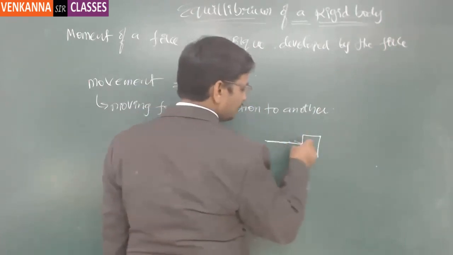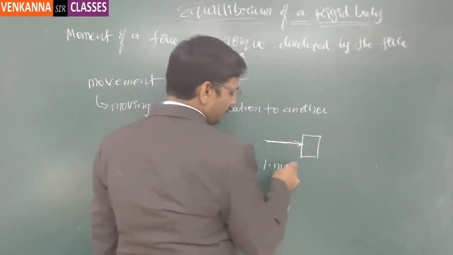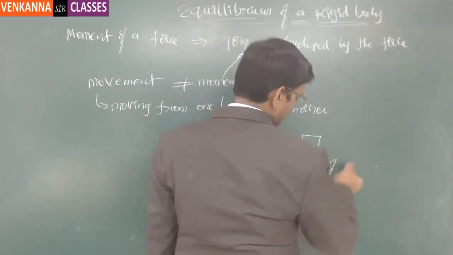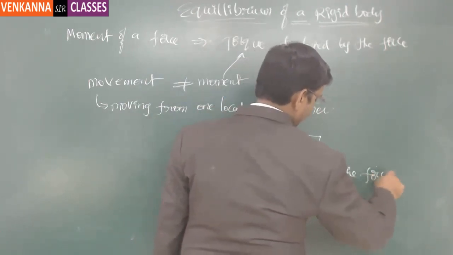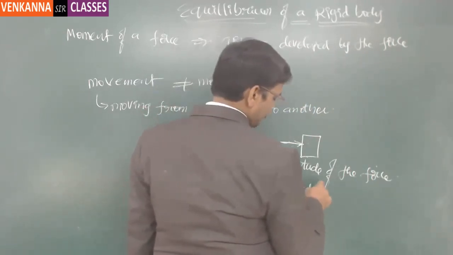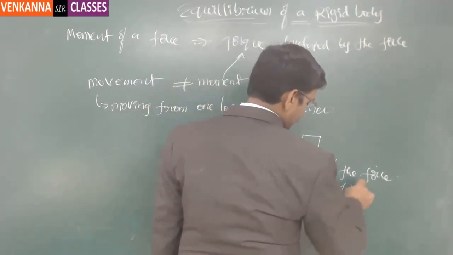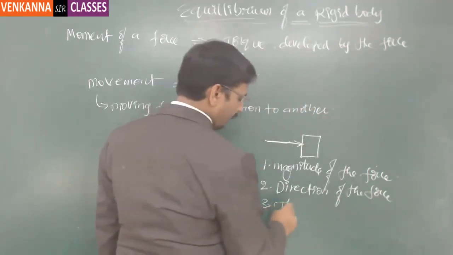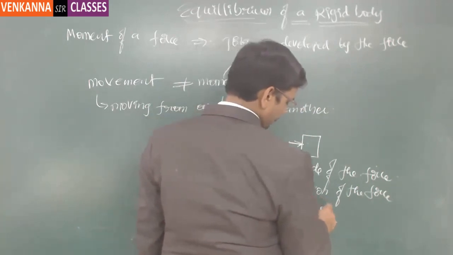So essentially, the force has the characteristics of, one, the magnitude of the force, and the second one is the direction of the force, and the third one is the point of application of the force.